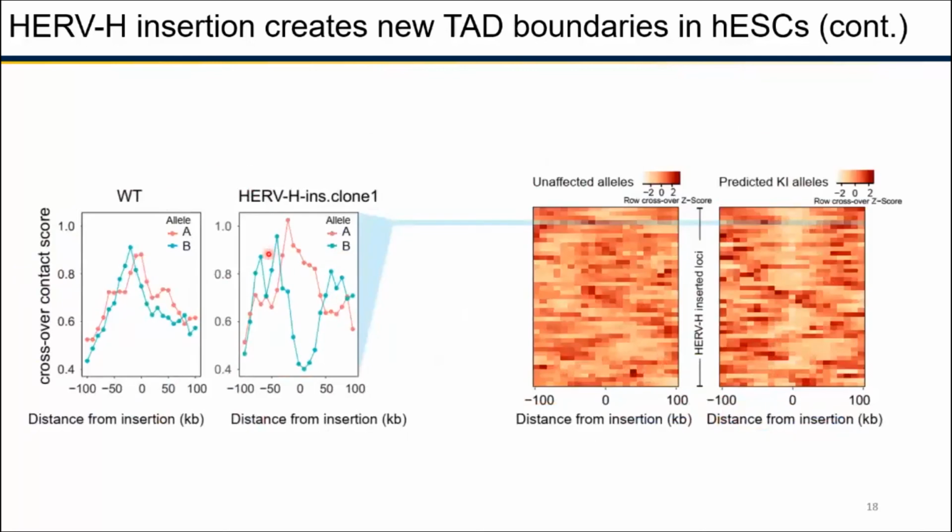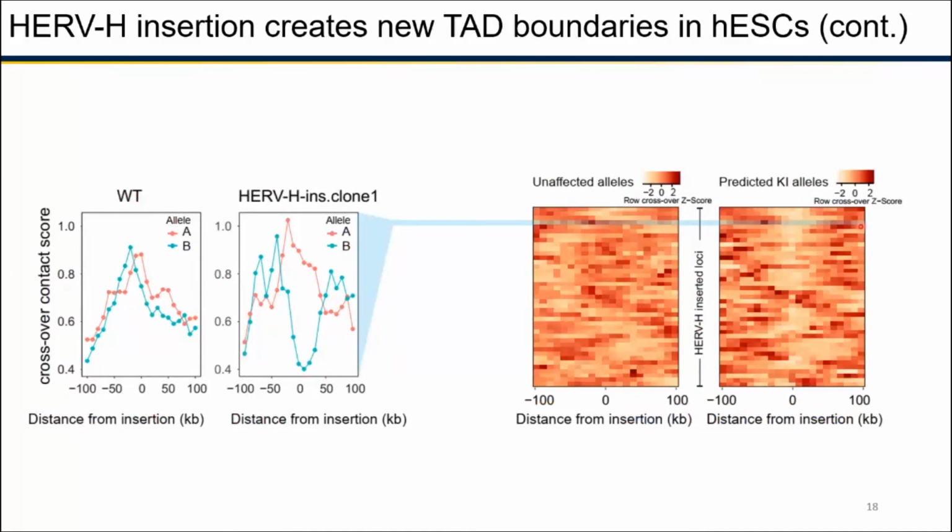Because the piggyBac system can only insert HERV-H into one allele of the chromosome, we further performed haplotype phasing and allelic analysis, and we found that in the mutant cell, the alleles with the predicted HERV-H insertion can indeed create contact insulation in the predicted inserted allele.